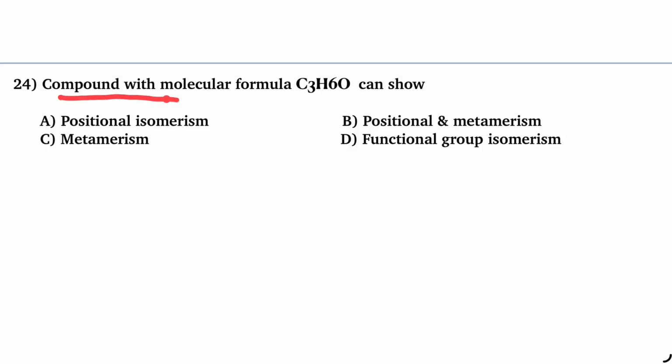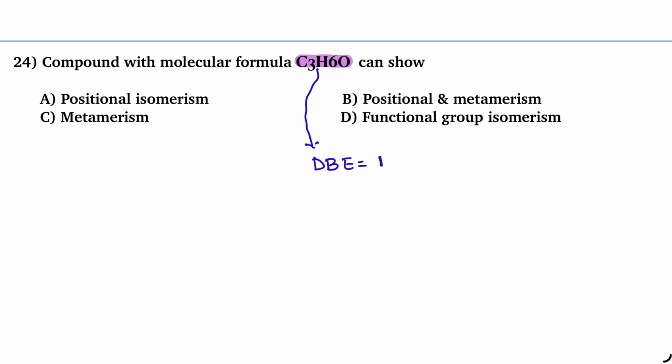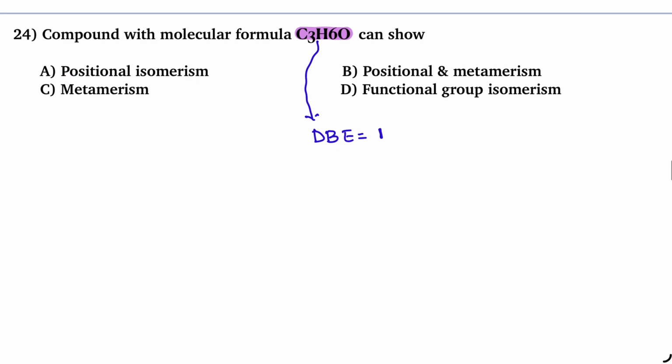Here, the compound with the molecular formula C3H6O. I don't want to waste time. So the degree of unsaturation, that is double bond equivalence, is equal to 1. So it can be either an aldehyde or a ketone. First let us check positional isomerism, whether it can show positional isomerism or not.